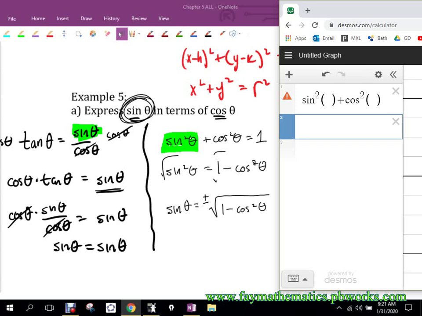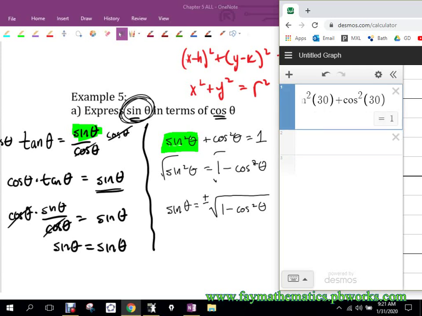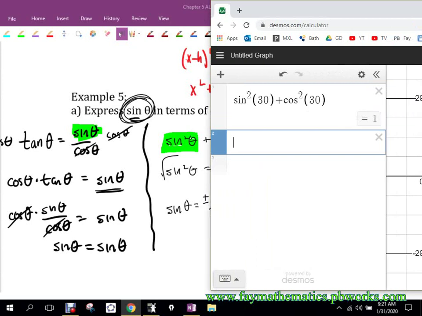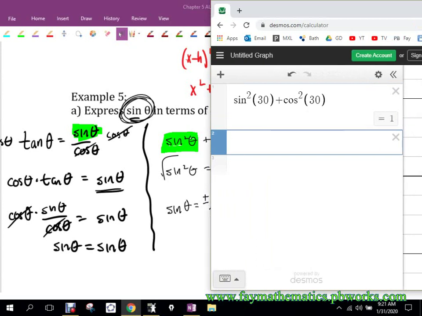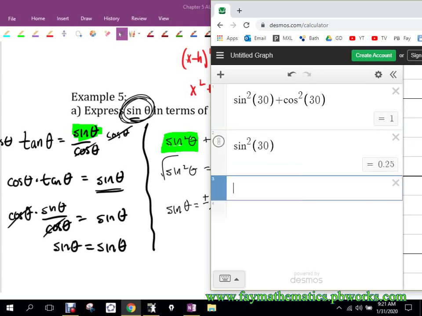So if I say, let's say sine squared theta is 30, cosine squared is 30, okay? Now I want to ask the question, if I isolate sine squared of 30 all by itself, that's that number right there, right?